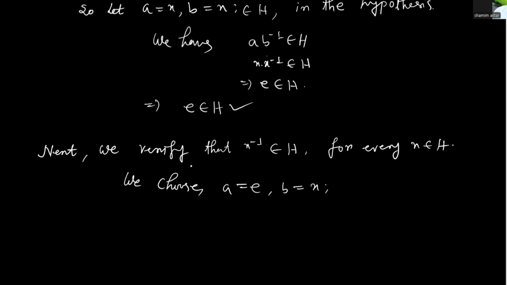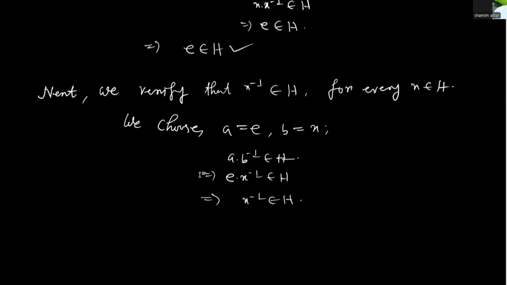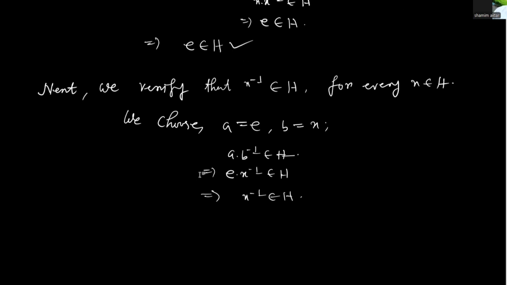Now by the hypothesis again we have a b inverse belongs to H. So this implies identity times x inverse belongs to H, and this implies x inverse belongs to H. So every element in H has an inverse; this also holds.